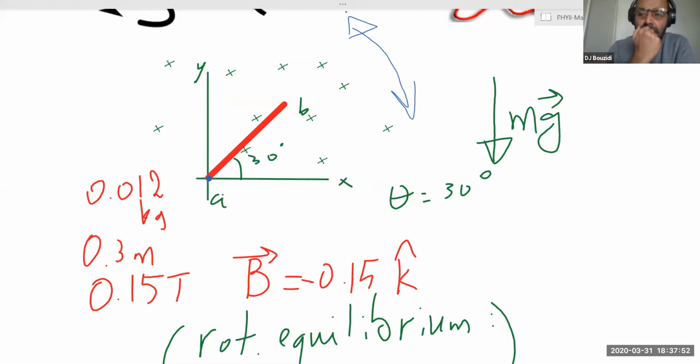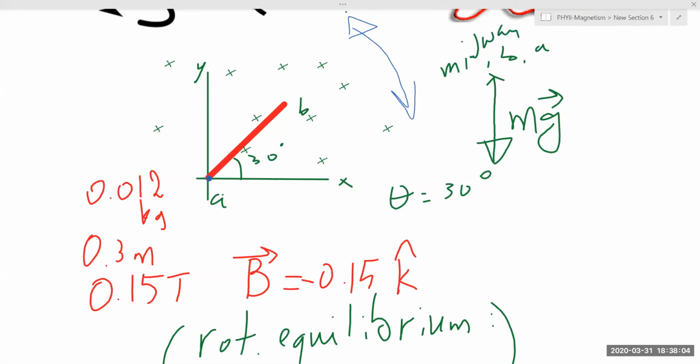Where am I going to put this starting point? Am I going to put it at B or A or somewhere midway? Does it matter? It matters. I think it's B. Anybody else think it's A, or somewhere midway?